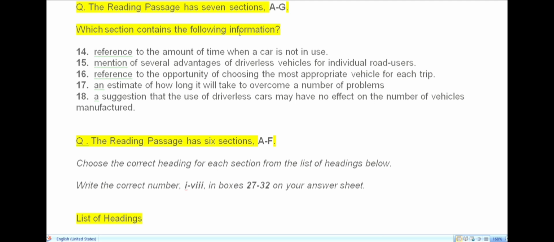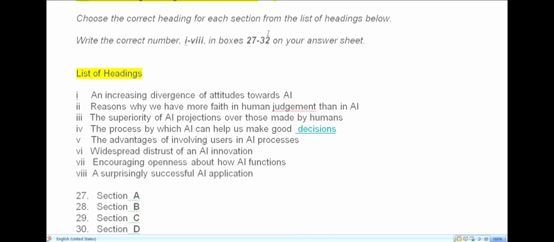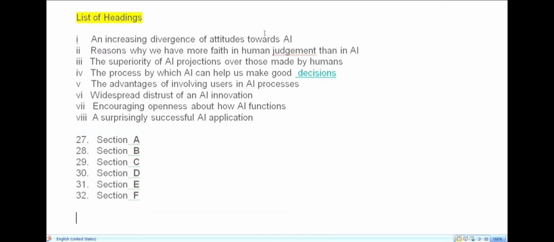Then it is the most feared question type, which is list of headings. Hope everyone clearly understands, even if they are very new to the class. List of headings: you have to study each paragraph and try to match which option matches as a heading to the relevant paragraph here.